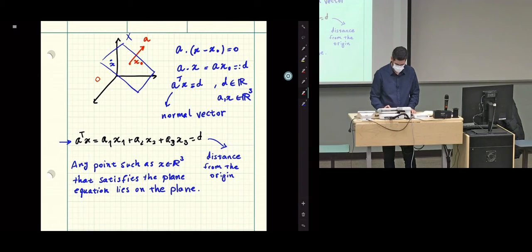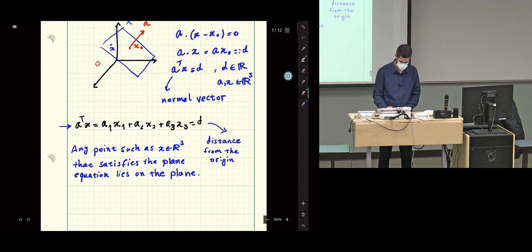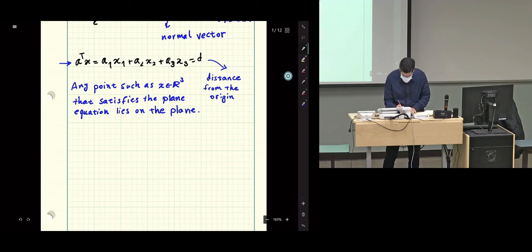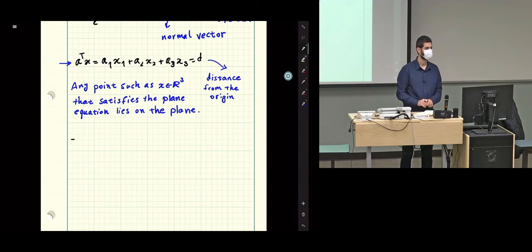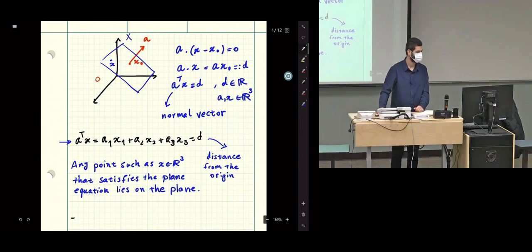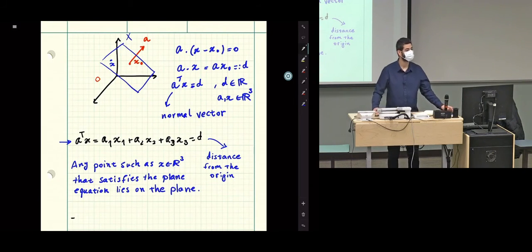Okay, so this is the plane equation. And now we're ready to generalize it to Rn. Okay. What was orthogonal to A?